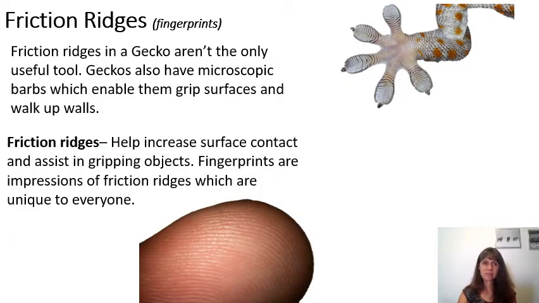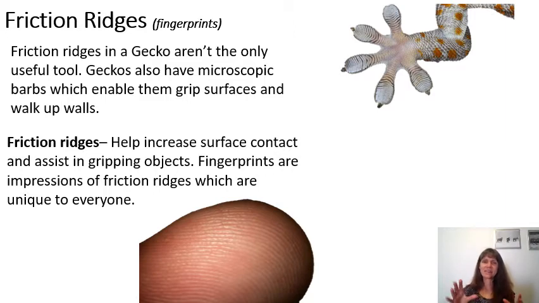This takes us to friction ridges. Friction ridges are sometimes referred to as fingerprints because they are the ridges formed by the dermal papillae in the dermis just deep to the epidermis. And there's a cute little picture of the friction ridges in a gecko.